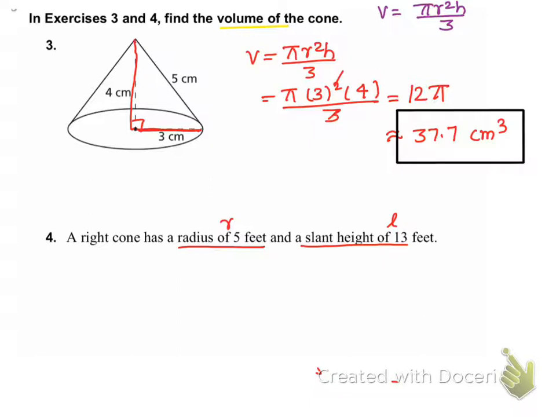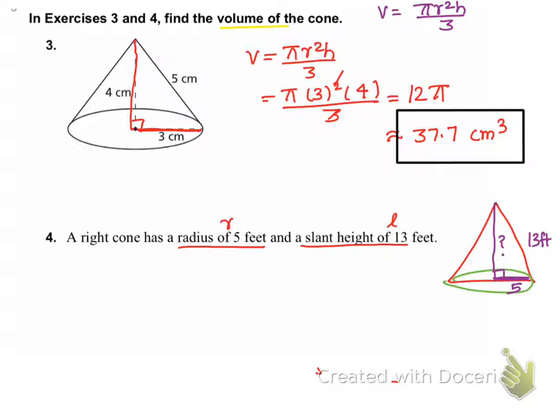If I imagine my cone here, that's the base, and then that's the height. So our radius here is 5, the slant height is 13 feet, but I need to know how tall it is.